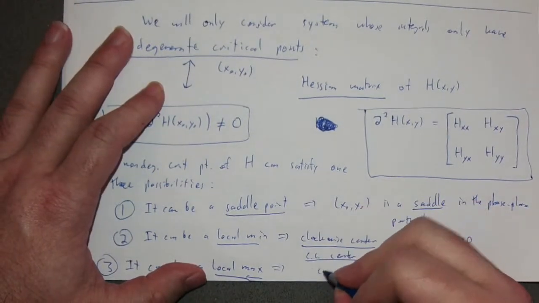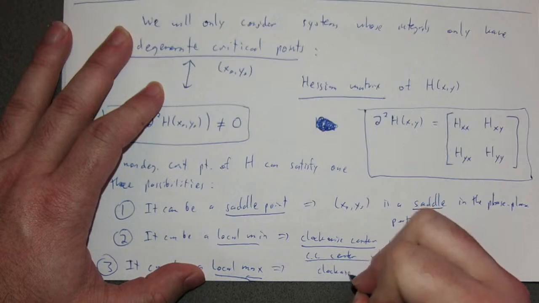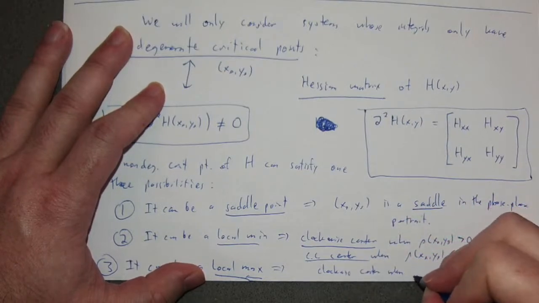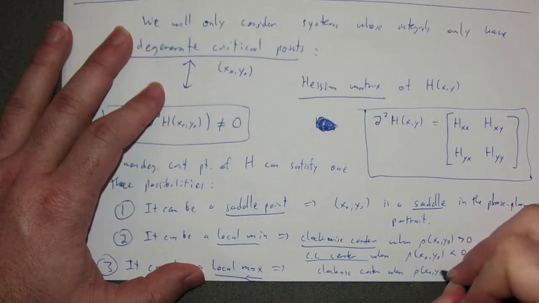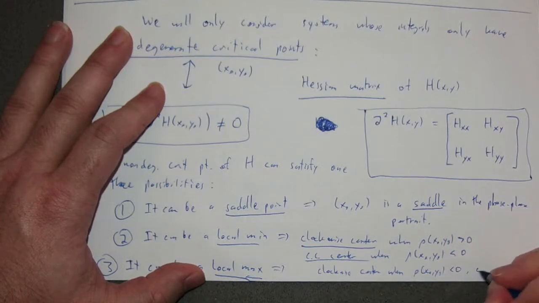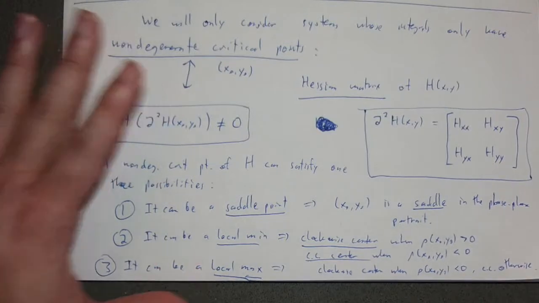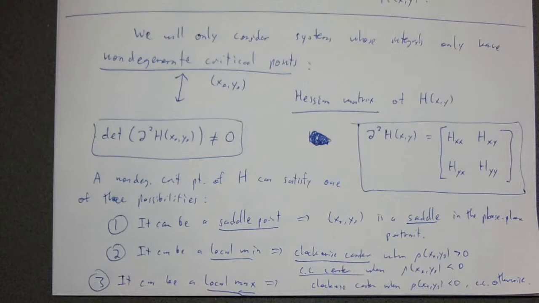So clockwise center when rho of x naught y naught is negative, counterclockwise otherwise. And rho can't be 0, so you will get a determinative thing out of this.